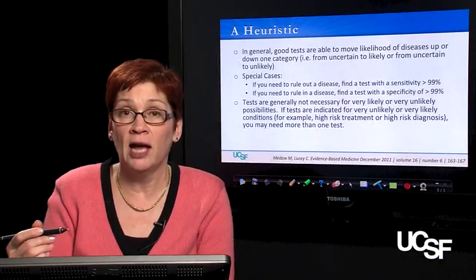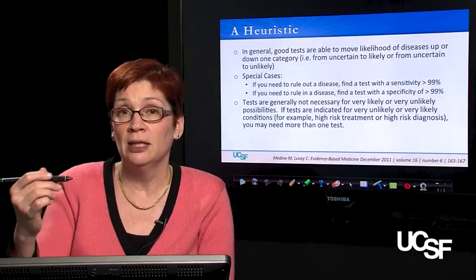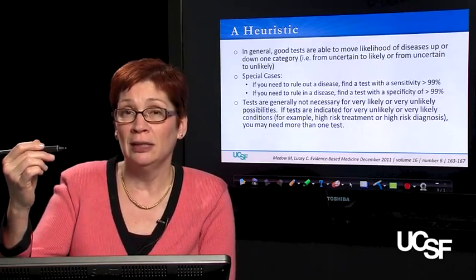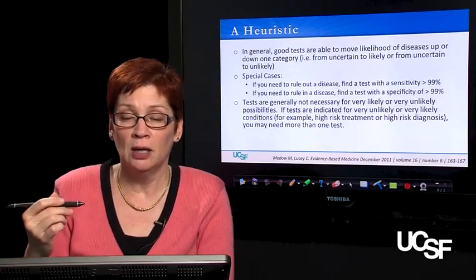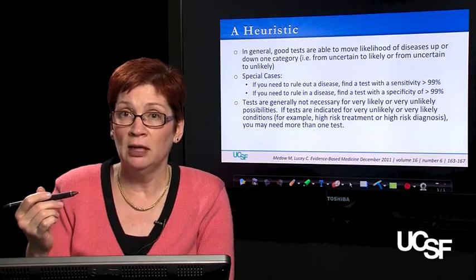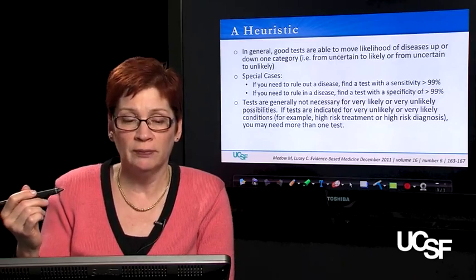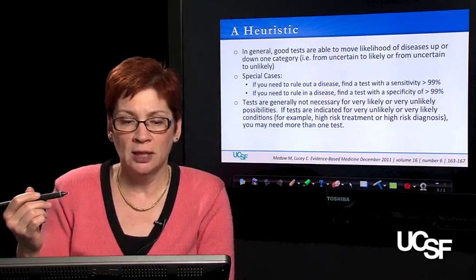And remember, they had 5 categories ranging from very unlikely to unlikely to uncertain to likely to very likely. Those were our categories. So you can move the likelihood of a disease up or down one category with a test, but not too much further, except for 2 special cases.